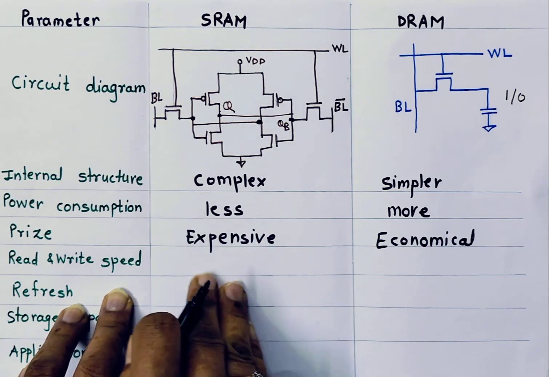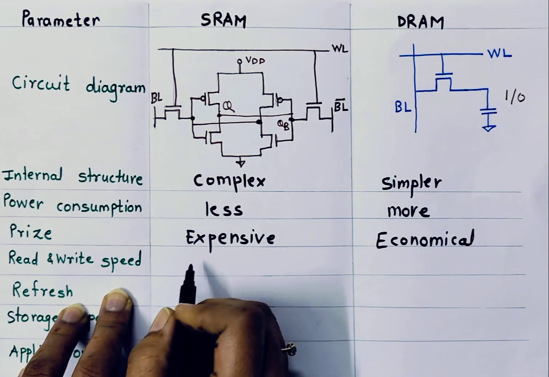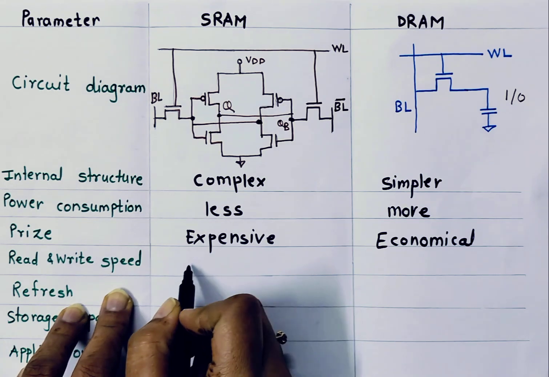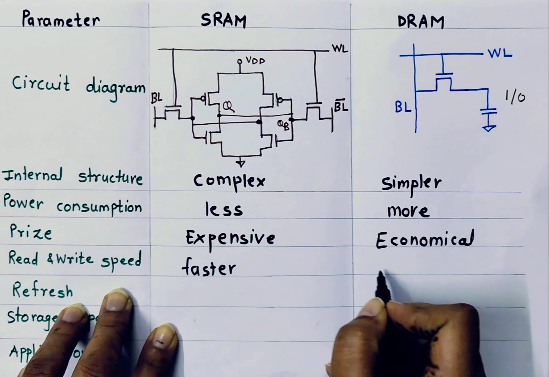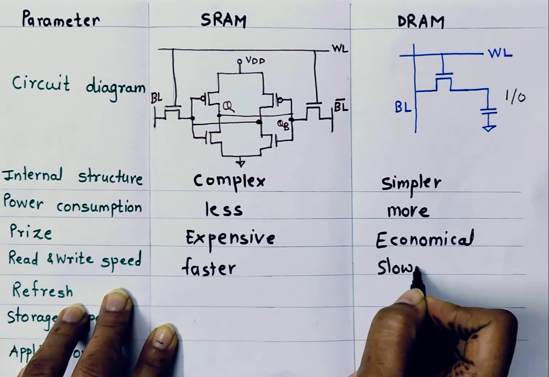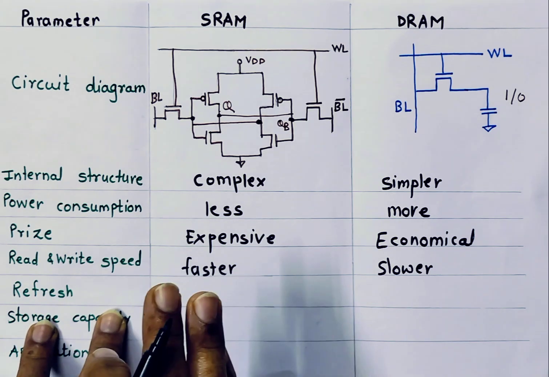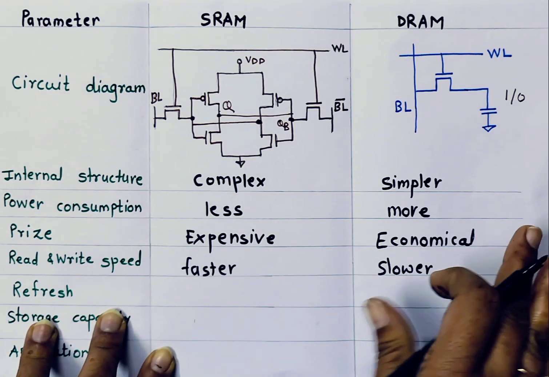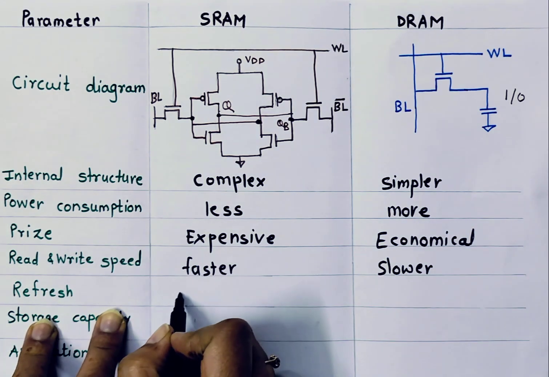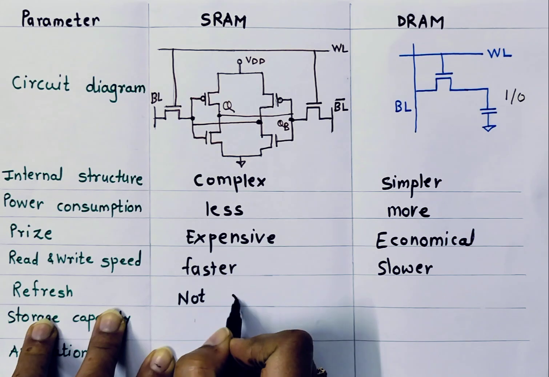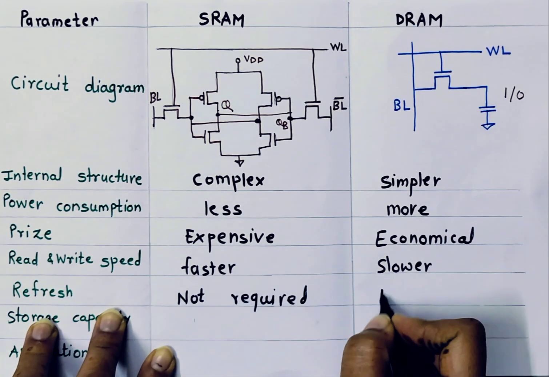SRAMs are faster and DRAMs are slower. Then SRAM doesn't need any refresh circuitry, whereas DRAM needs refresh circuitry. So refresh not required. Here it is required.